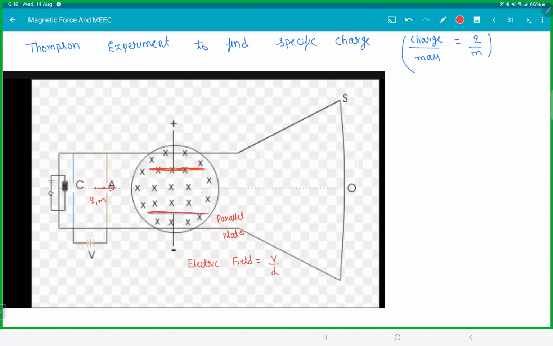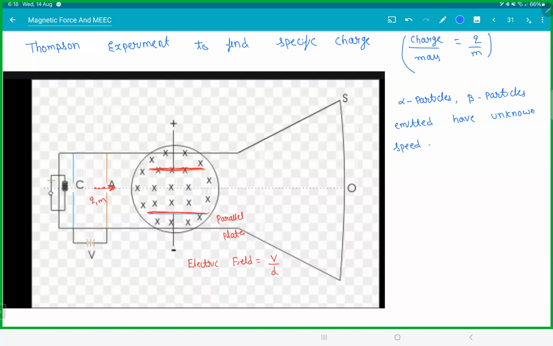We can't find it directly. The alpha or beta particles emitted from radioactive sources have unknown speed. So that's our first problem. We don't know the speed.